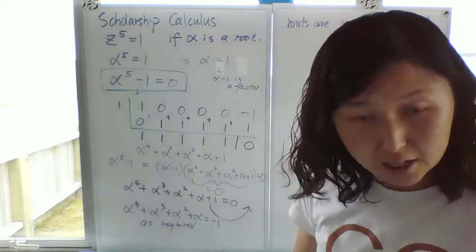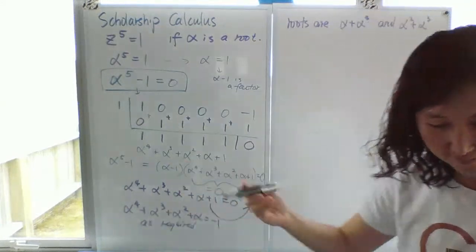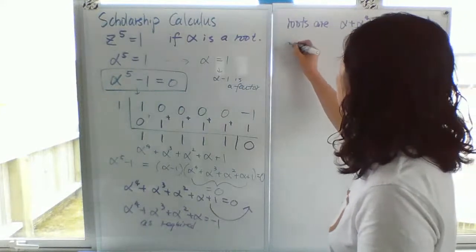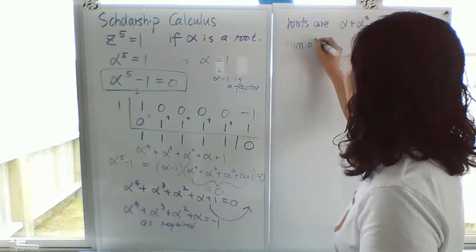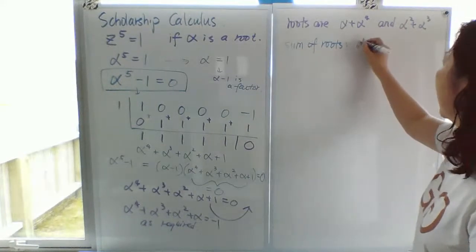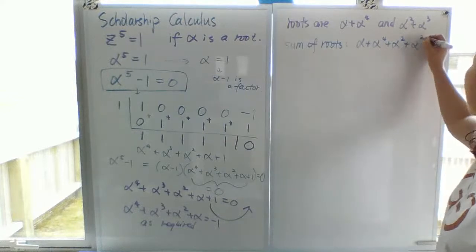Okay, now here we are going to use Sam's idea. Sum of the roots. Okay, so let's start with the sum of the roots first. So that will give me alpha plus alpha to the power of 4 plus alpha squared plus alpha cubed.